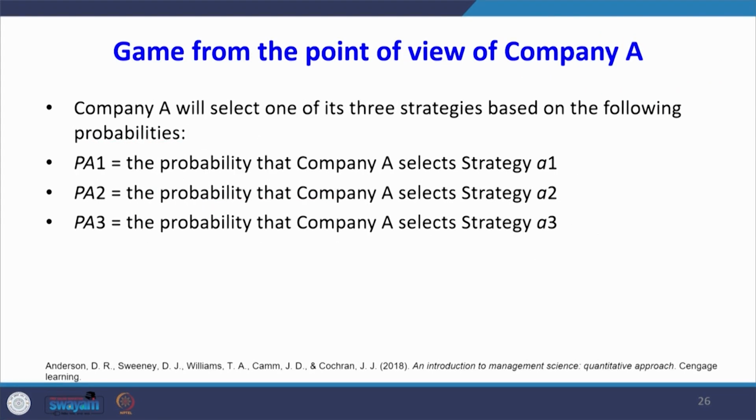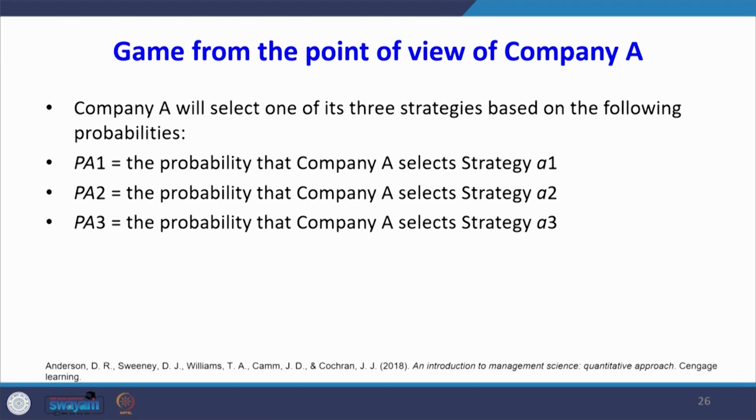Now we are going to look at the problem of the mixed strategy from the point of view of company A. Company A will select one of its 3 strategies based on the following probabilities.